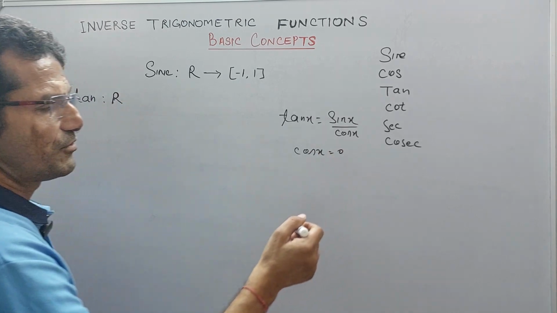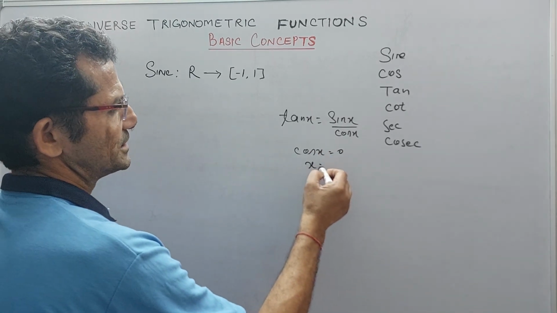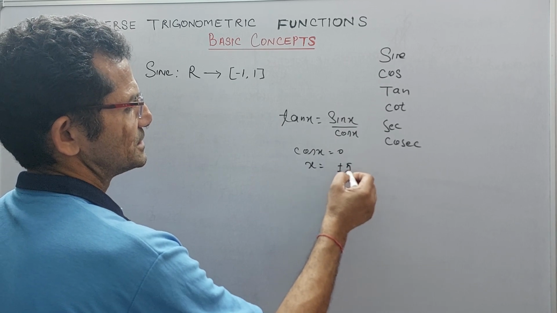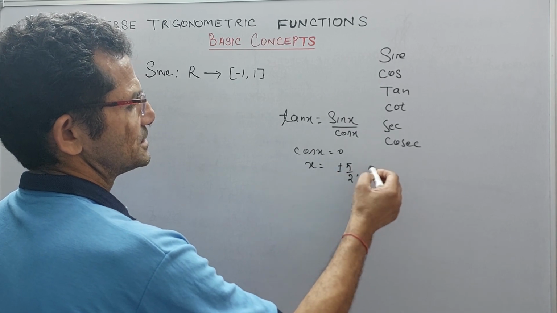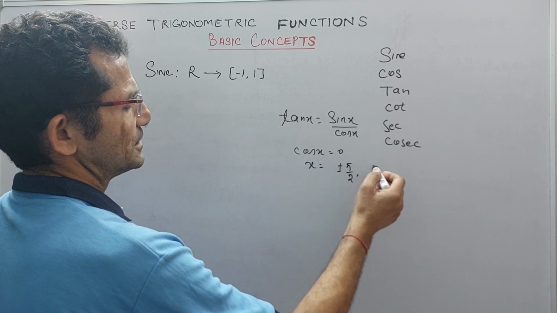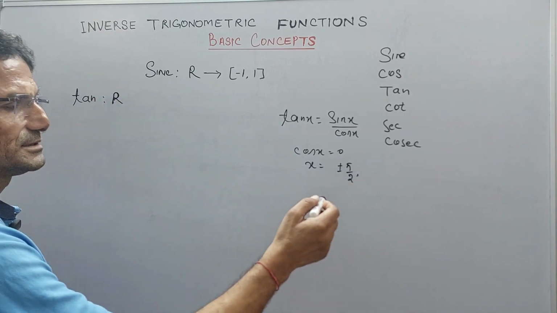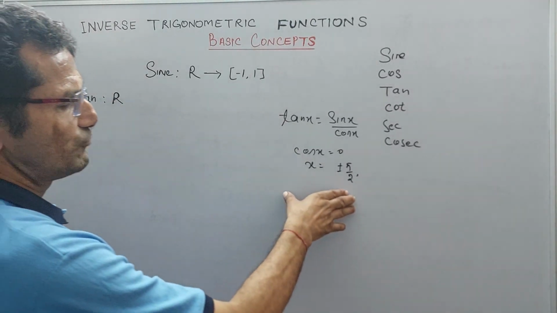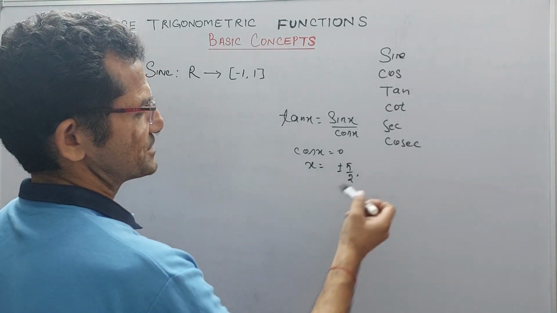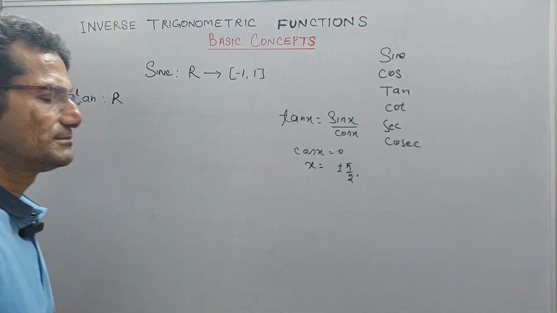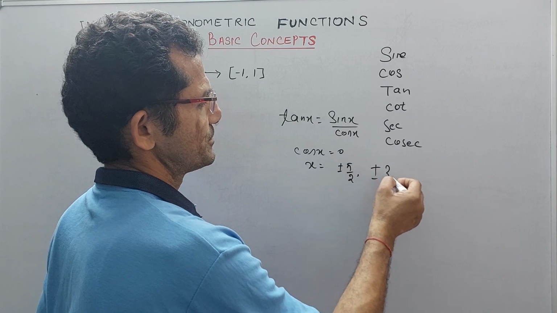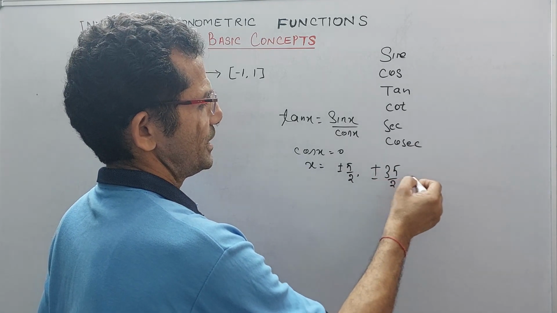Cos x will be 0 for values of x that lie in the intervals. In the set of real numbers, there are many points where cos x will be 0: plus pi by 2, minus pi by 2, and similarly plus minus 3 pi by 2, and so on.